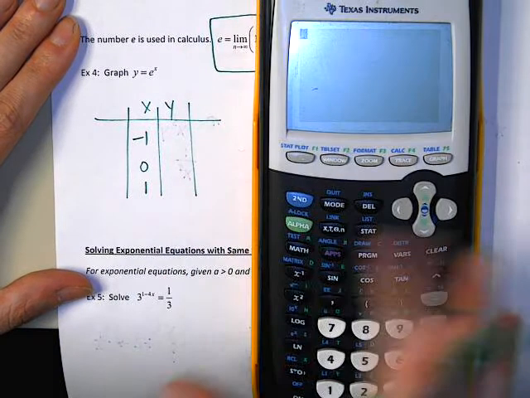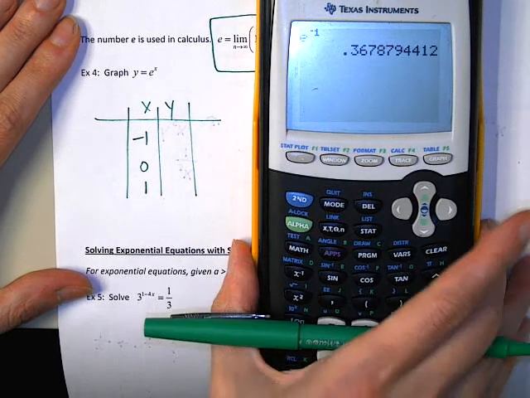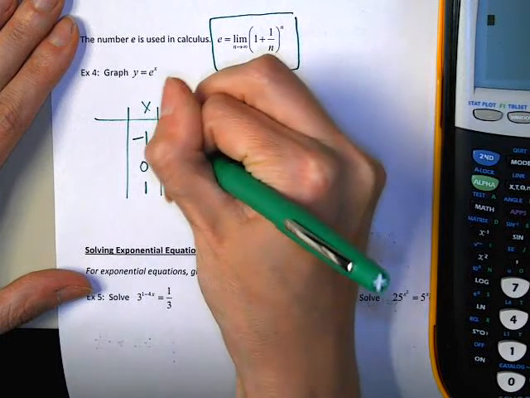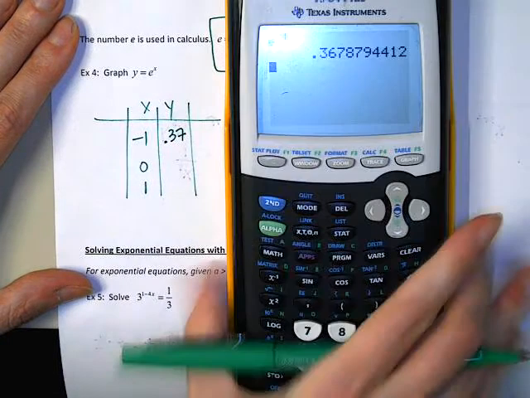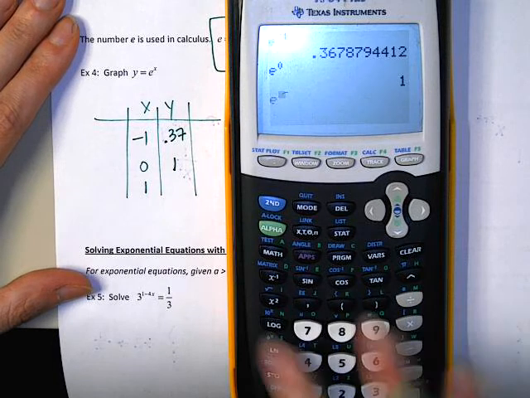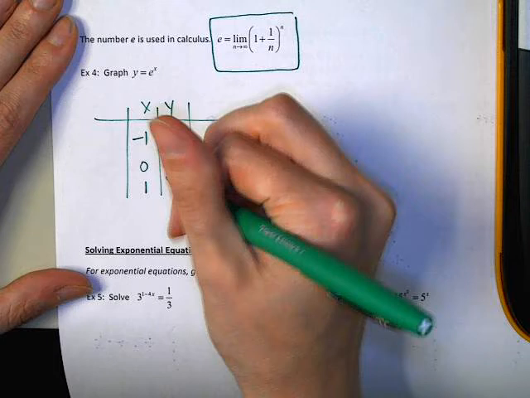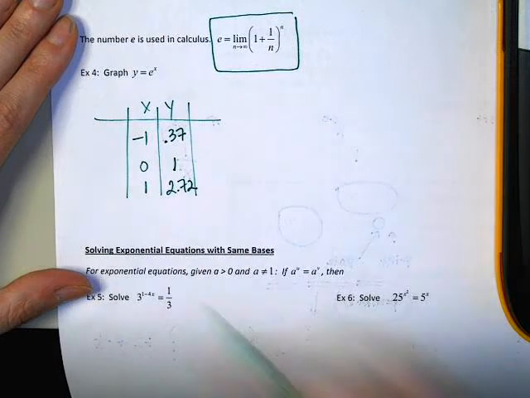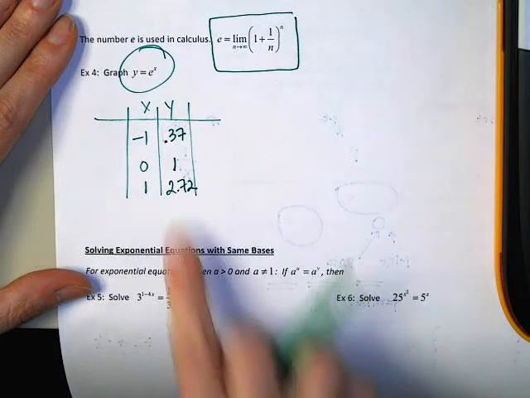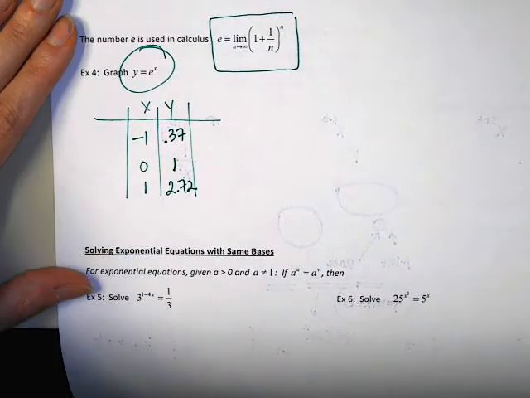So e to the -1, if you just type it in, is 0.37. E to the 0 we know is 1. And e to the first power is 2.72 rounded. So just a heads up, if it ever says e, that's just 2.72. It's a button on the calculator. It's used in calculus a lot. Will come up later.